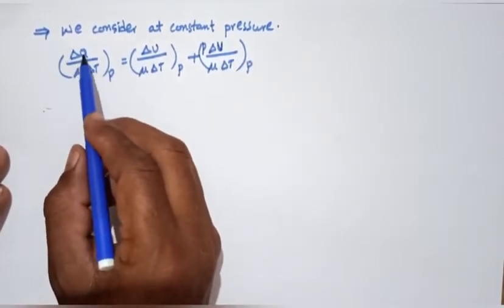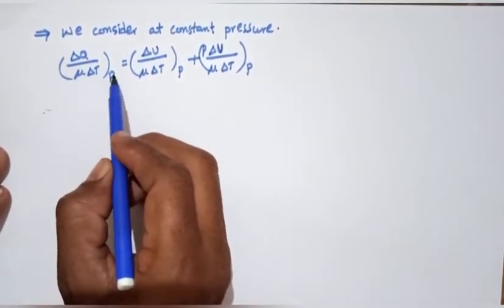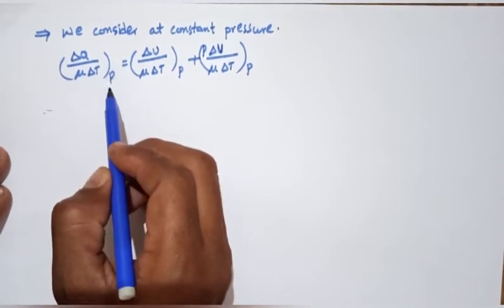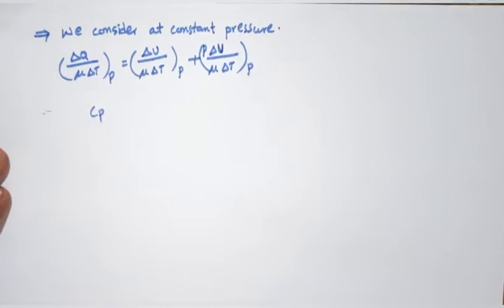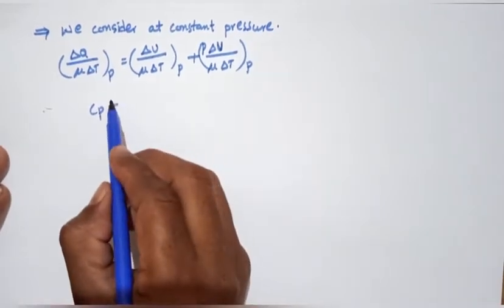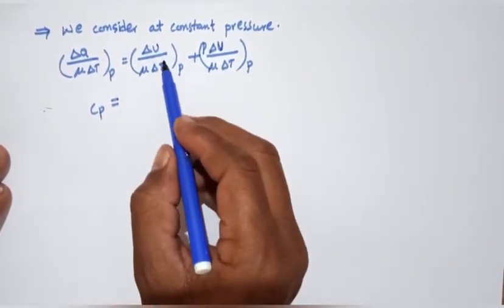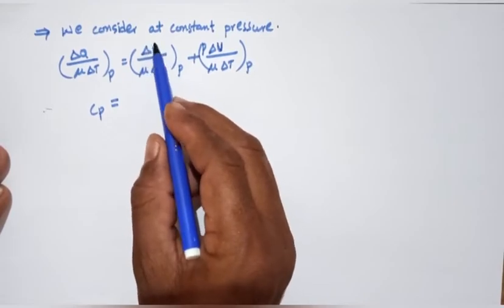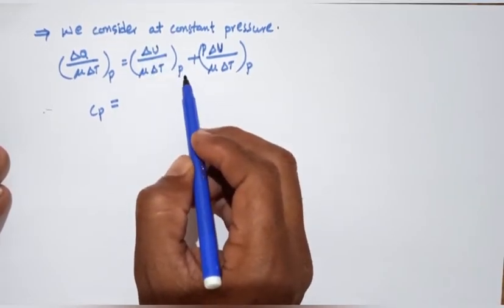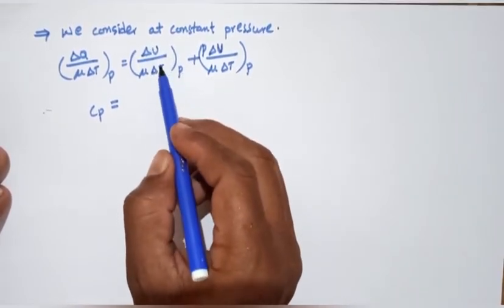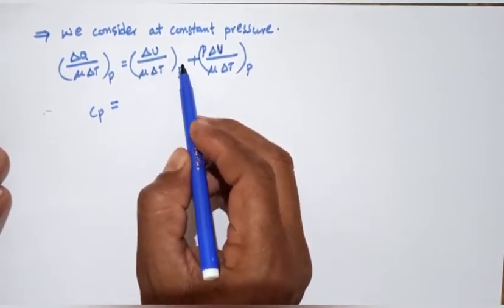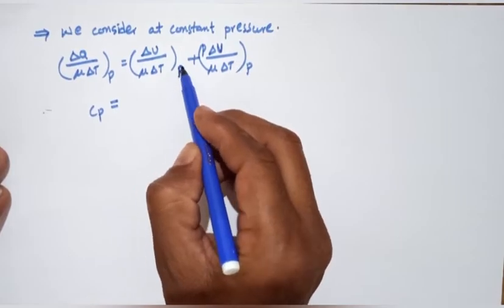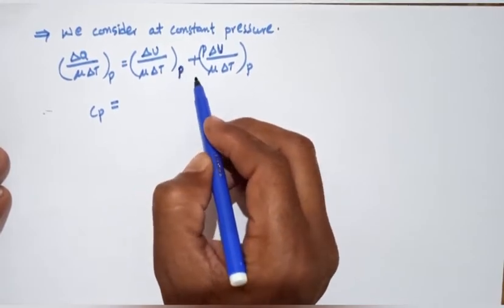Here delta Q by mu into delta T at constant pressure is Cp. Internal energy doesn't depend upon the pressure, only on temperature, so the pressure subscript is removed.